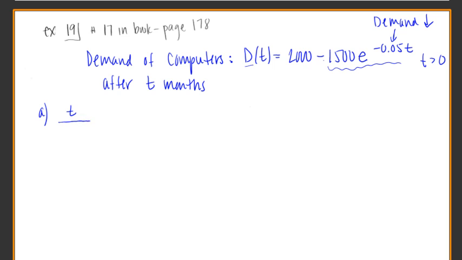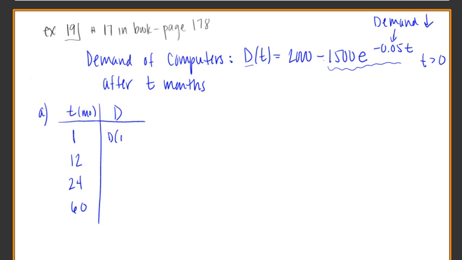So I'm going to give a t value, and then we'll look at the demand over here. What is the demand after 1 month? This has got to be in terms of months. The next thing they want is after 1 year, which is 12 months. After 2 years, which is 24 months. And then after 5 years, which is 60 months.